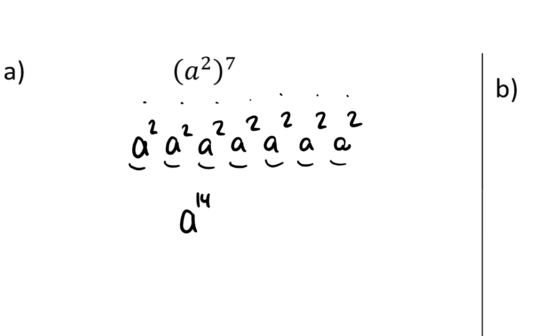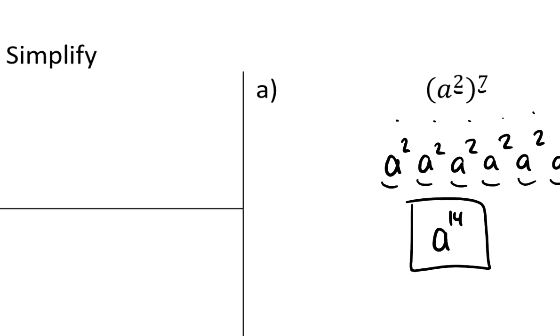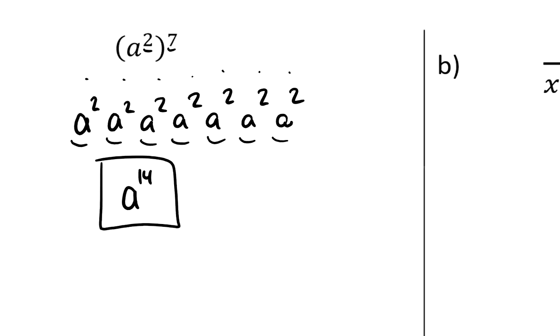So the observation is if I have a power raised to a power, I can simplify this by multiplying these 2 exponents, right? I can raise this a to the second to the 7th by just multiplying 2 times 7 and recording that there are 14 factors of a. So this is the correct answer for a, and of course you recorded it in this box over here.